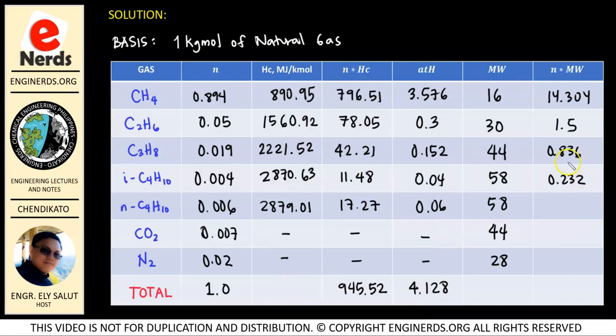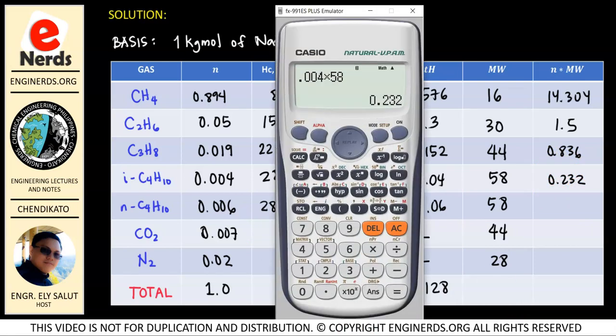Okay, so yun sa book guys, iba yung values na nakasulat dito. I think there's an error. And then para sa ating N-butane, we have 0.006 times 58. We have 0.348.